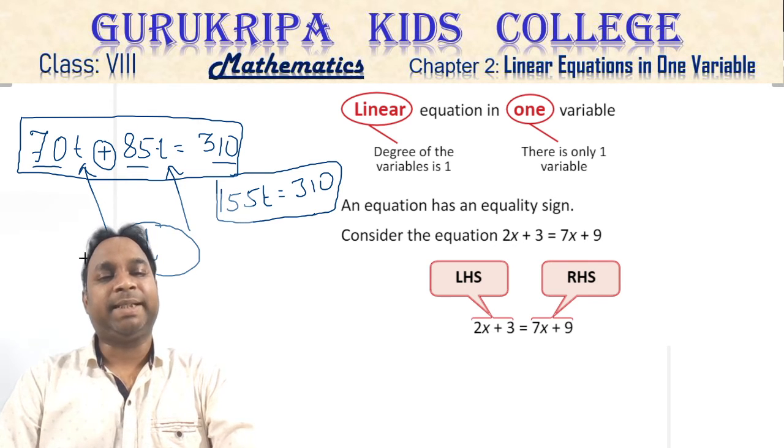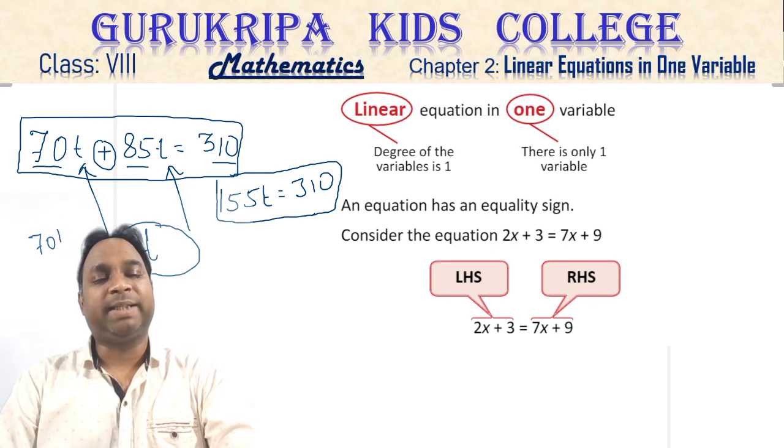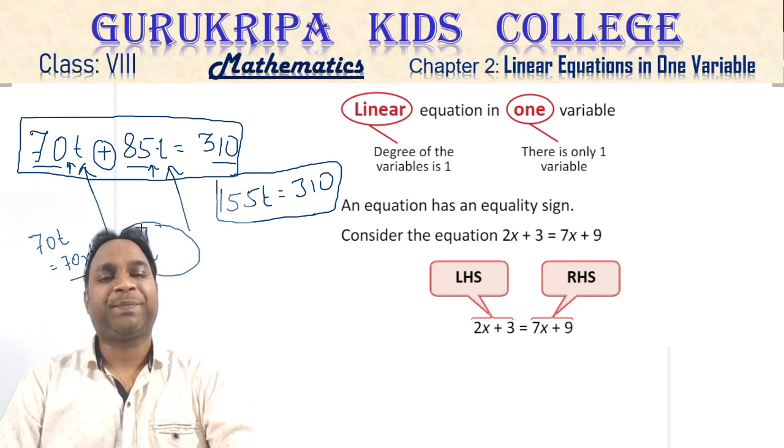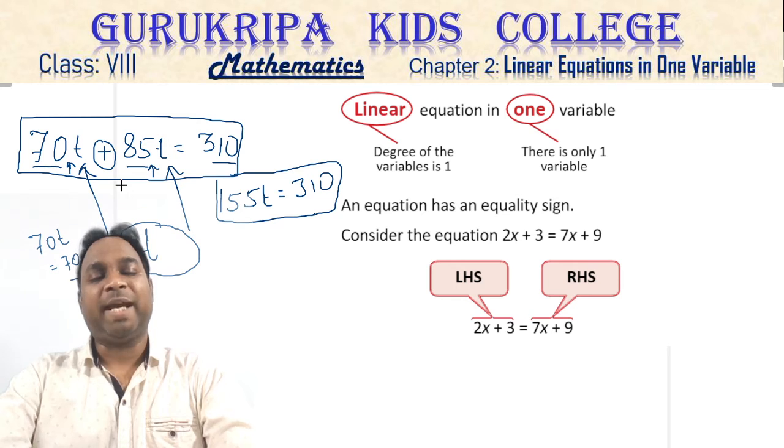And 70t, what does it mean? 70 into t, isn't it? So there is one multiplication operation involved over here and another multiplication over here. So in an equation we have some numbers, some variables, and some mathematical operations also.